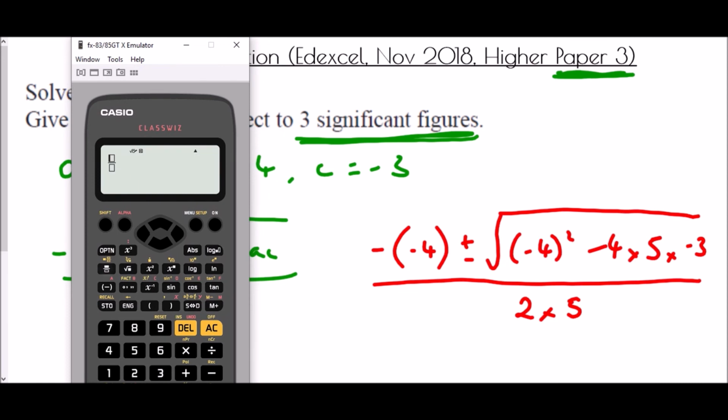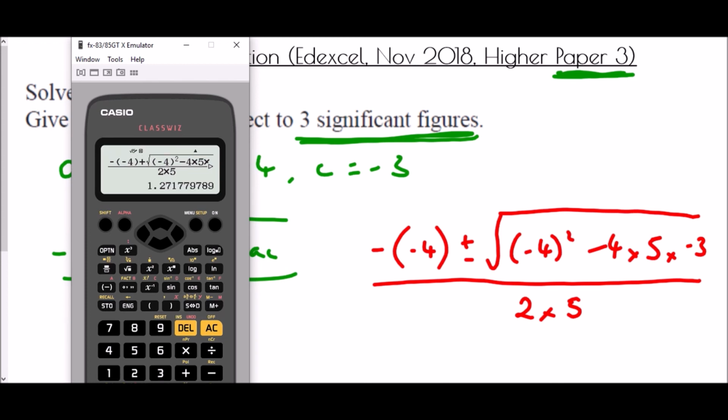So we have negative brackets -4 plus the square root of -4 squared, take away 4 times 5 times -3 all over 2 times 5, and that gives me 2 plus root 19 over 5, which is 1.27.